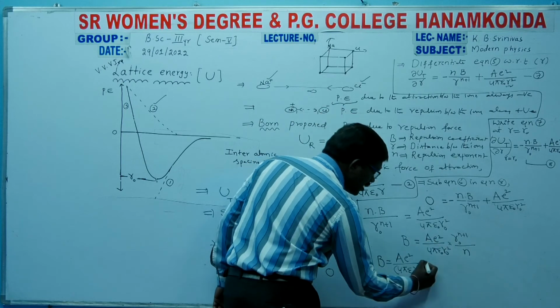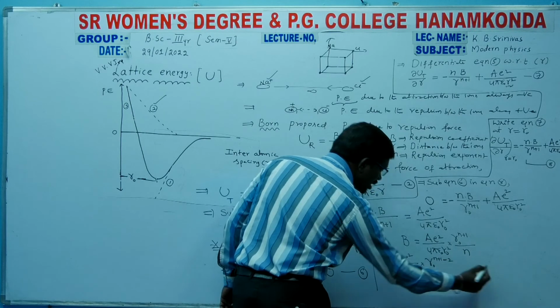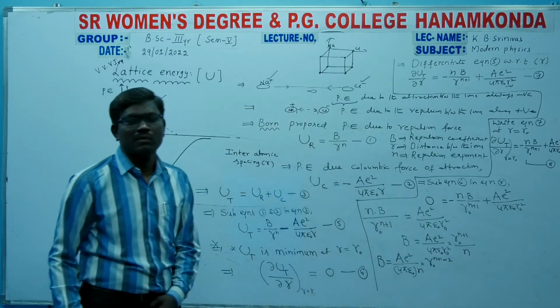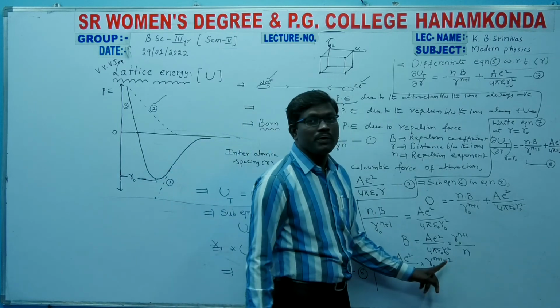Already here we are having R naught to the power of n plus 1. Finally it becomes R naught to the power of n plus 1 minus 2. When bases are equal, we add the powers.